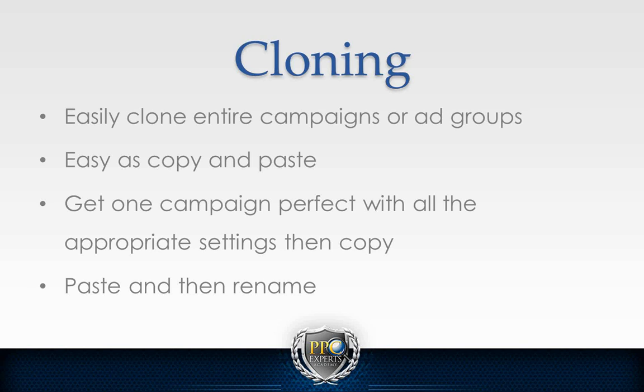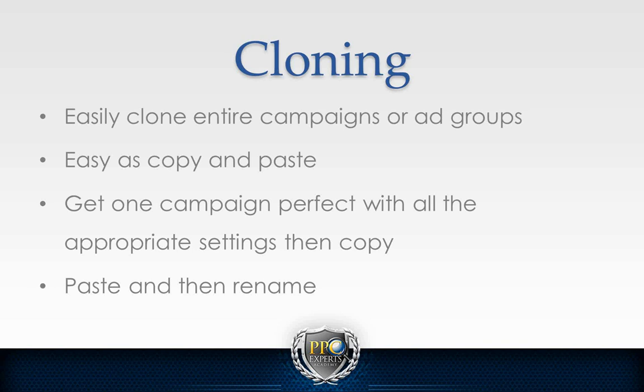So what you want to do is get one campaign perfect with all the appropriate settings, meaning the location. You could even set up all the ads, all the keywords, everything. All the site links, location extensions, call extensions, everything. You get it all set up.